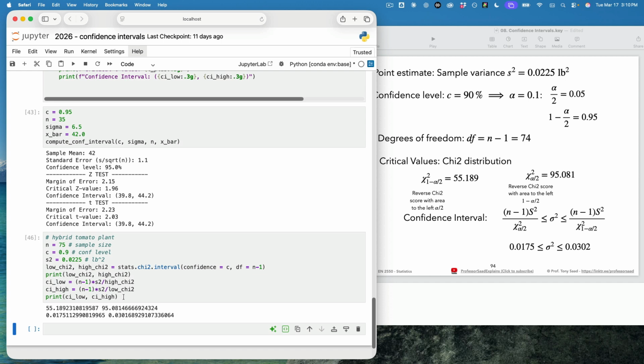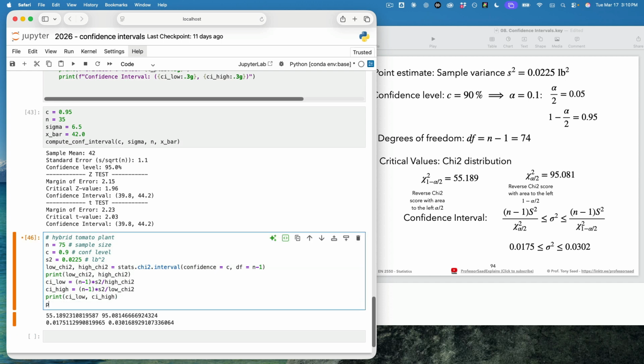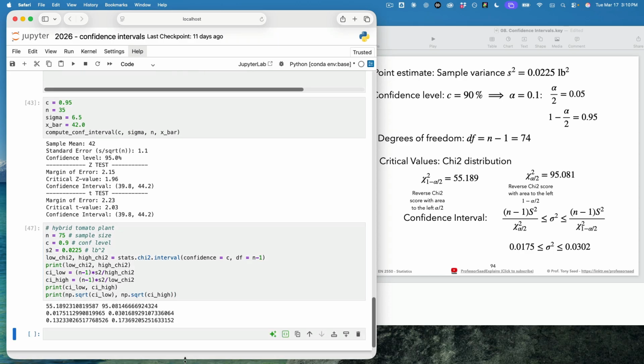You can take the square root of those. So print np.sqrt of CI low to get the standard deviation in pounds, and CI high. All right, so the standard deviation, or the scale in the population, is 0.13 to 0.17 pounds.